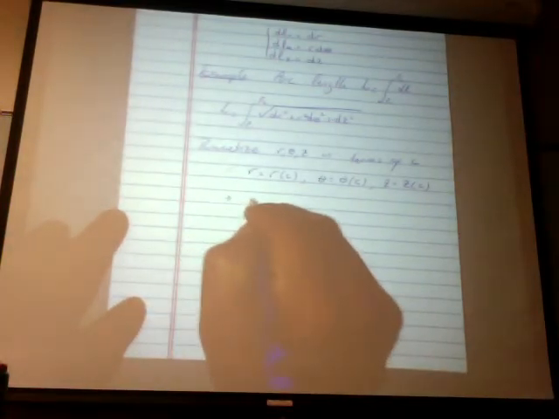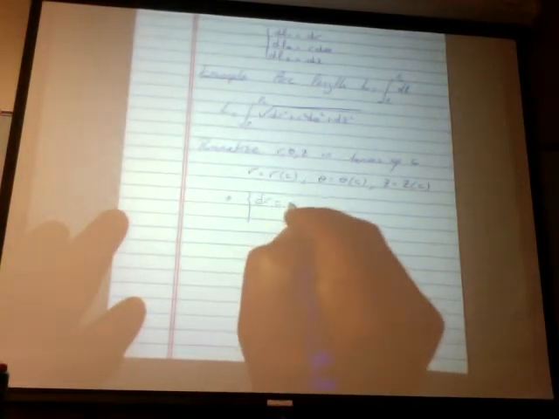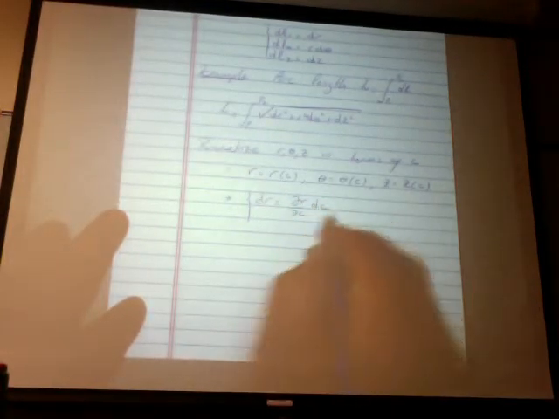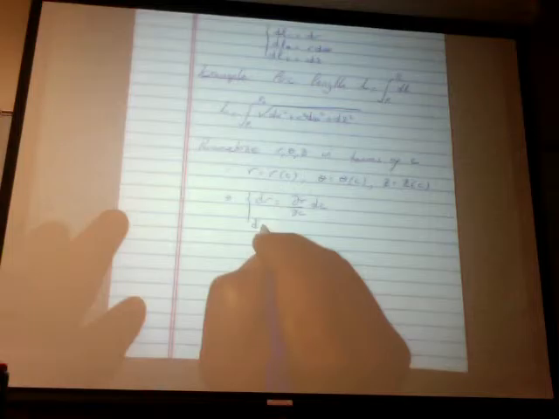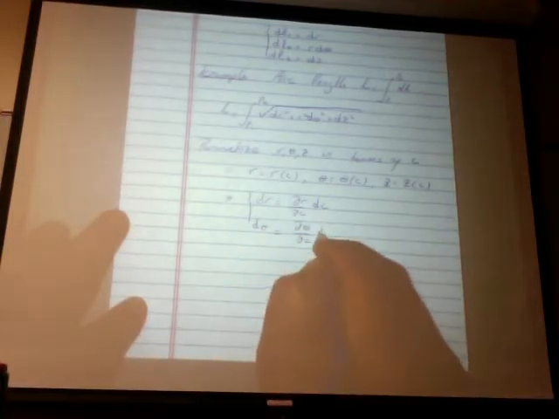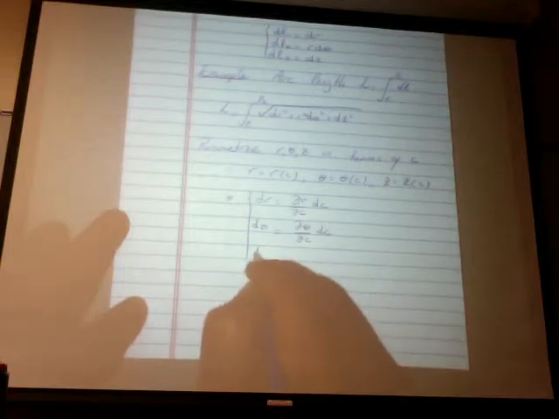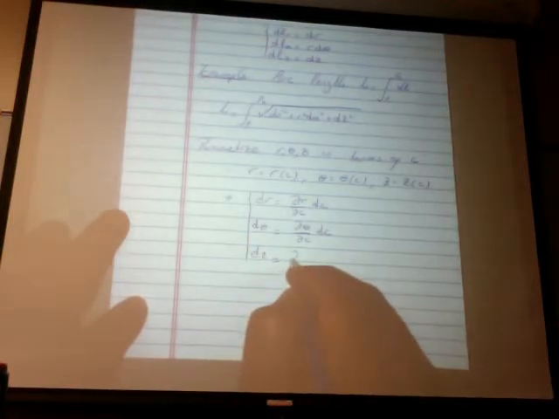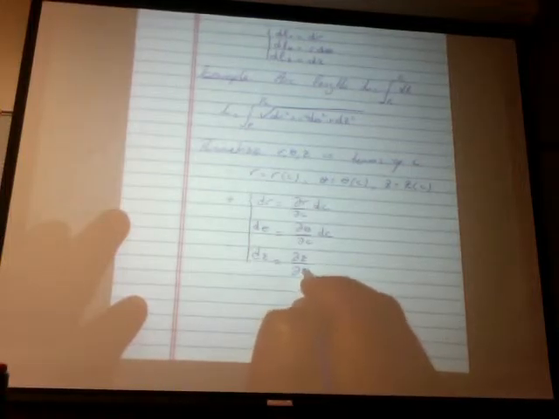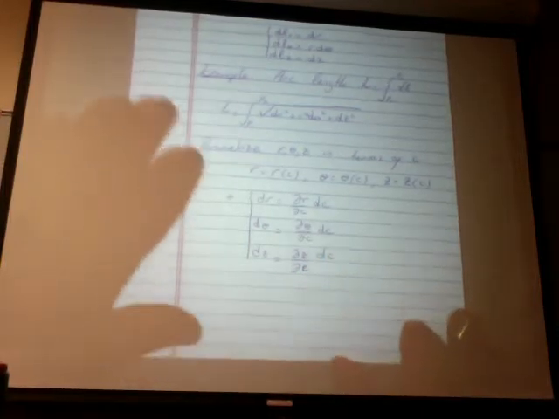And therefore, dr is equal to dr/dc dc, d theta is equal to d theta/dc dc, and dz is equal to dz/dc dc.